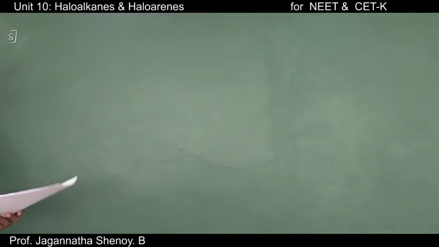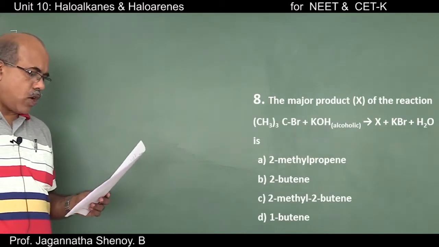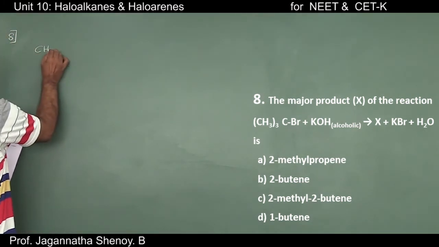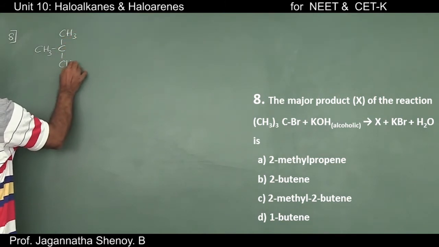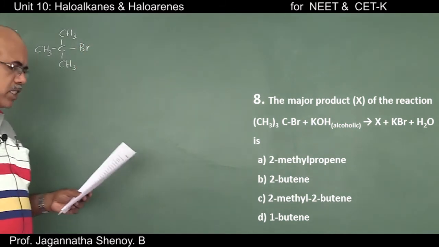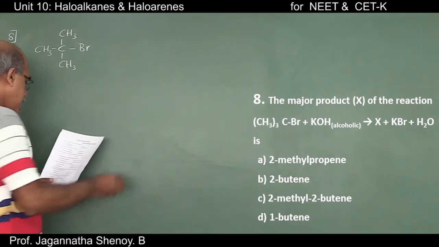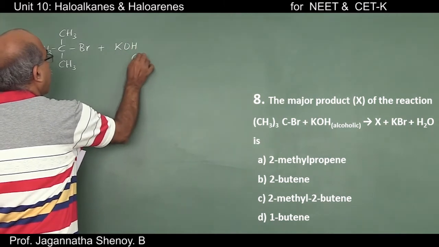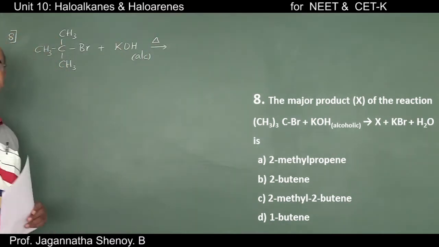Let us move over to the 8th question. Very important question. The major product X of the reaction (CH3)3CBr. In other words, what we start with is tertiary butyl bromide, and I'm going to heat it with alcoholic KOH.